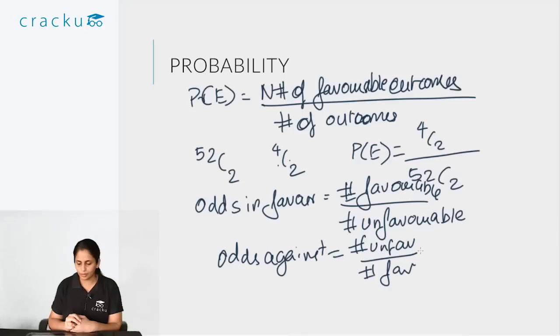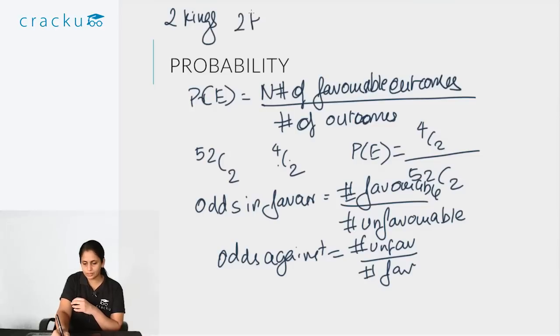Another important concept that you need to remember is set theory. I said that you have to pick 2 kings, but the event can be that you have to pick 2 kings or 2 hearts. Now these are 2 events. First, the probability of say A is picking 2 kings, B is picking 2 hearts.